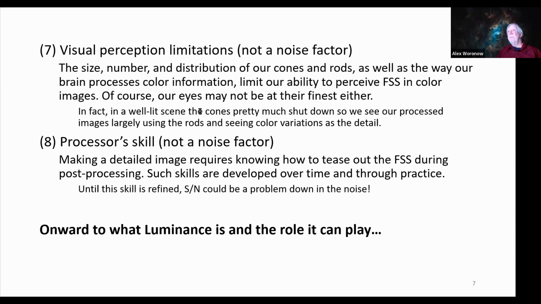Visual perception, as the number and size of the cones and rods in our eyes differ. Rods for the color receptors are larger and much more sparse, and not even located in the same place as the cones. The cones cluster toward the center of our vision, and the rods are more peripheral. And our brain interprets these colors.